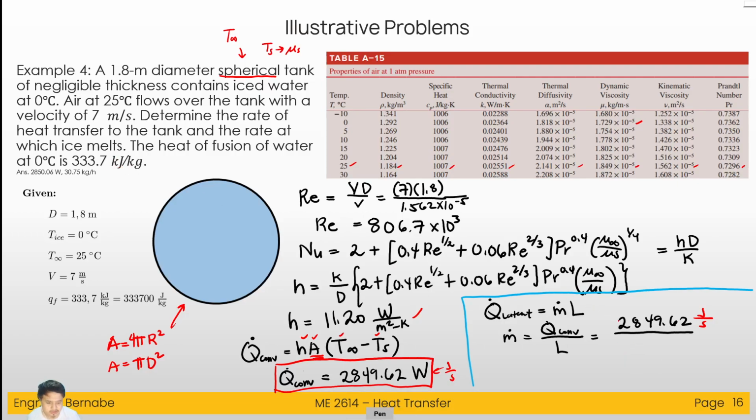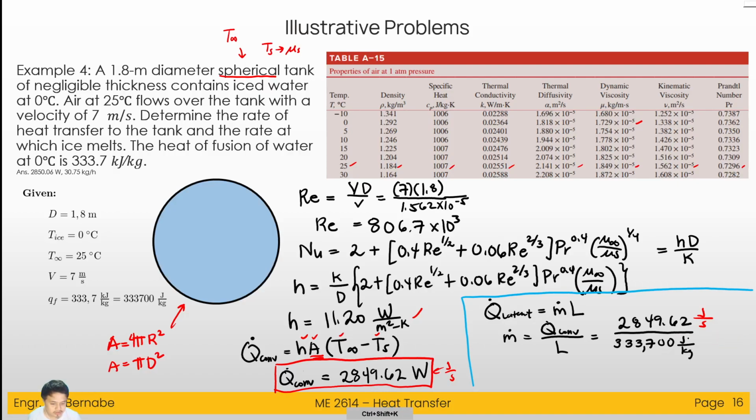So we want to cancel the joule. So we have to multiply this by 1,000. So you have 333,700 joule per kilogram. So that we have an answer in kilogram per second, no?